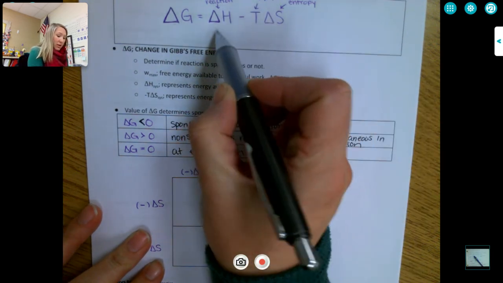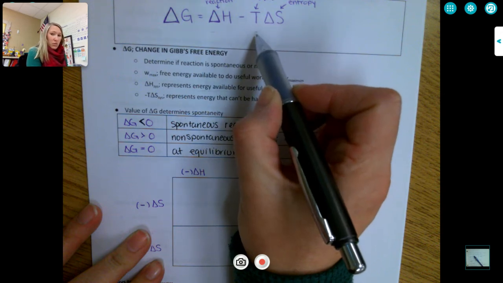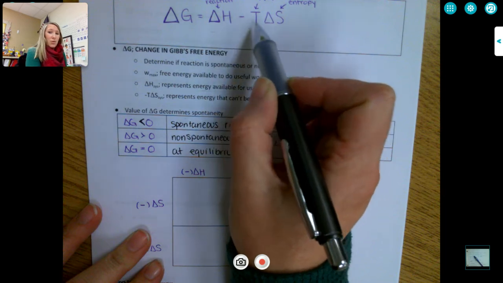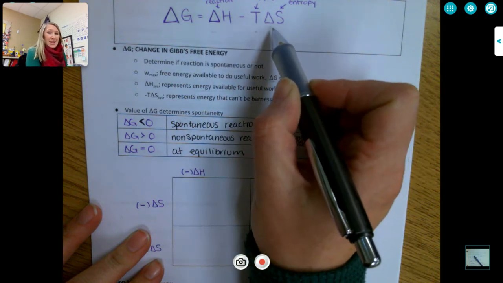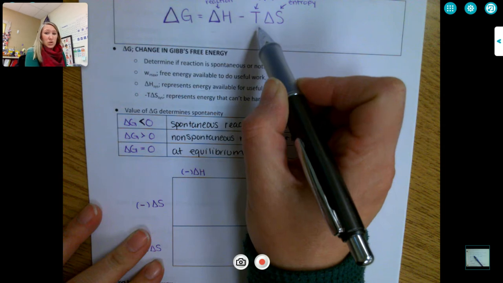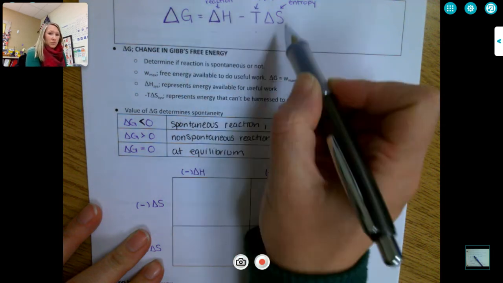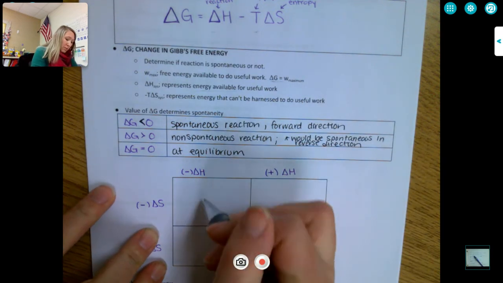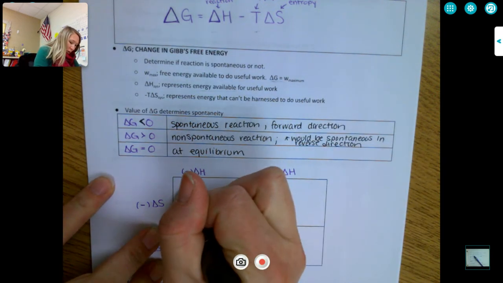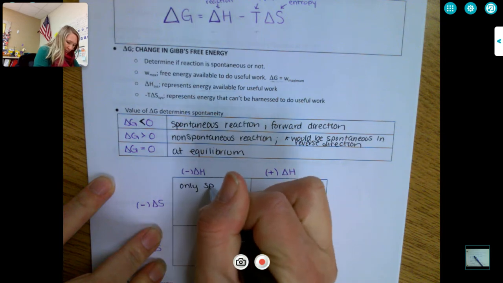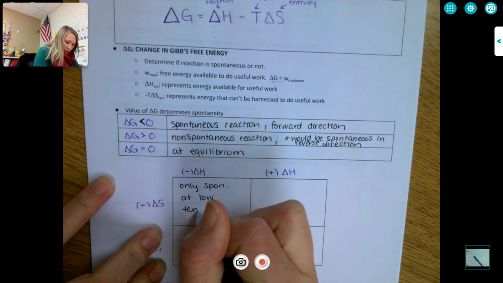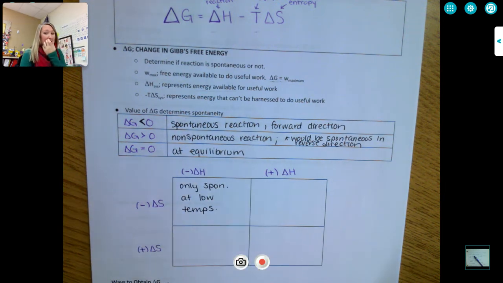So if I have a negative value minus another negative value, well, two negatives cancel out, which would make this overall be positive, which means that if my delta S is too big, or my temperature actually is too big, that's going to force this overall to be positive, which would mean a positive delta G. So if both my values are negative, I am only spontaneous at low temperatures. Okay. Because that way I am still staying in the negative range.